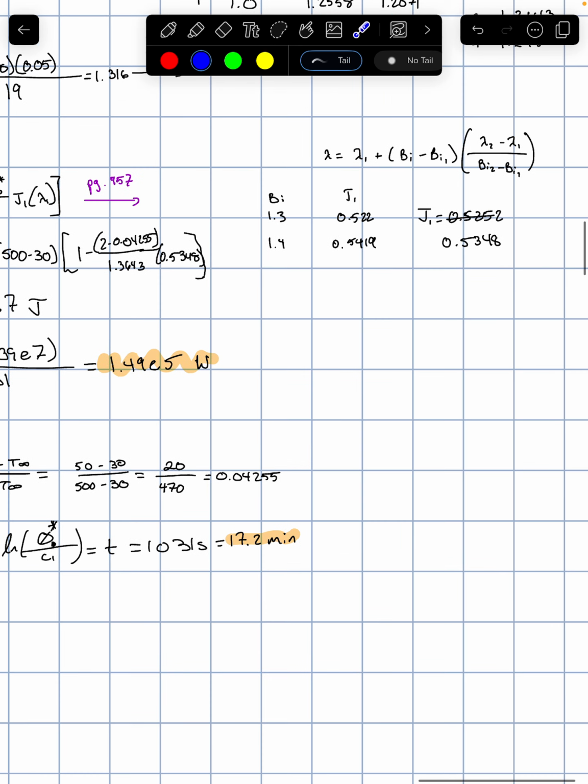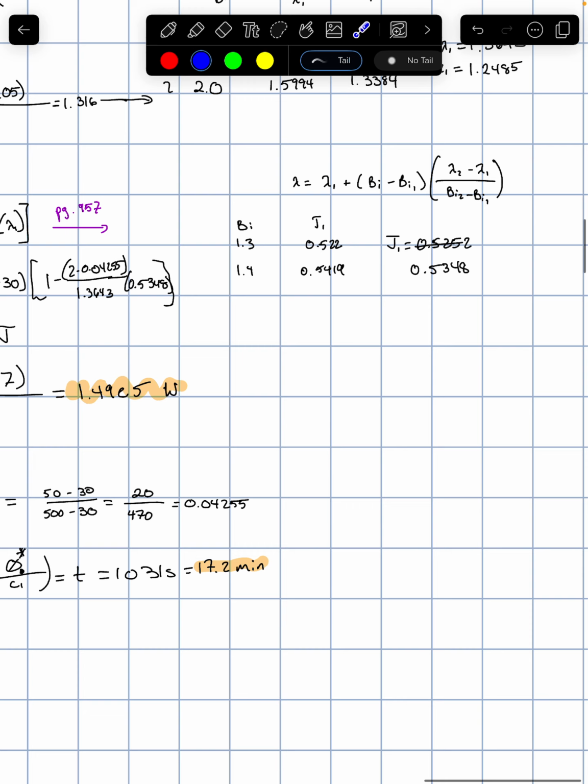I noted it as page 957. They give a range of Biot numbers, and then you can interpolate for the accurate Bessel function equivalent. Staying in the middle here with 1.316, as we calculated earlier, I solved for a Bessel function number of 0.5348.